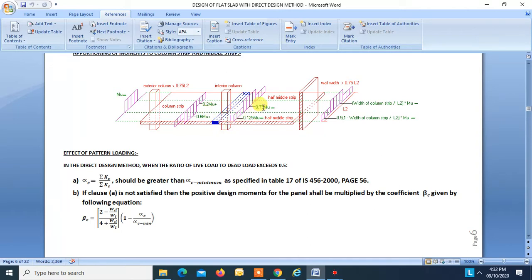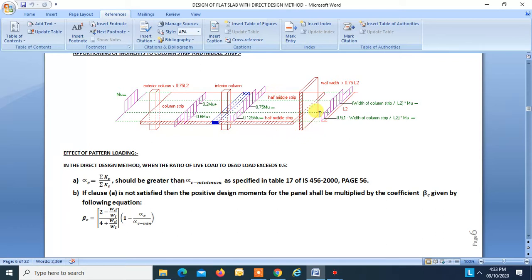If it is an interior panel, then at support the negative moment will be transferred to the column strip, that will be 75%, and 12.5% and 12.5% to the two half middle strips. The positive moment near the midspan will be distributed, 60% of that taken by the column strip, 20% by this half middle strip, and 20% by this half middle strip.